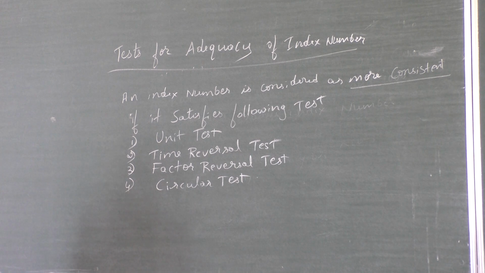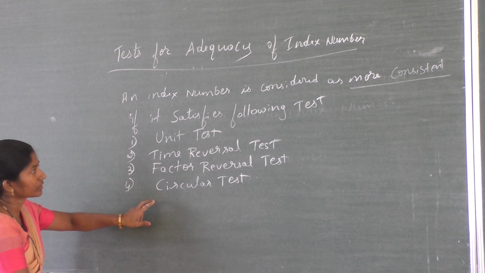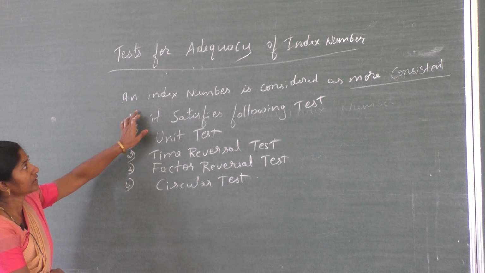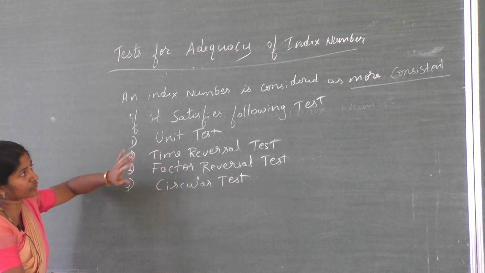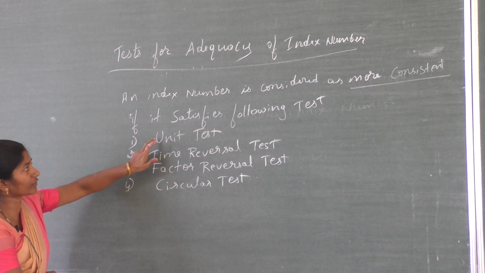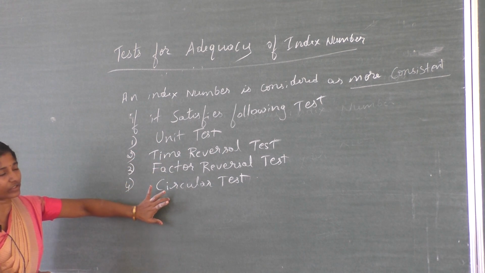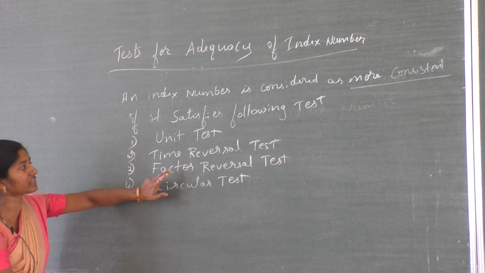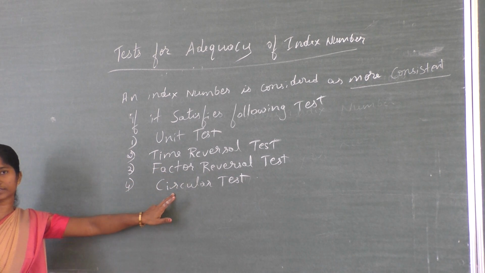So many tests are there, but they have given only 4. So many formulas are there, which one is appropriate to test that? We have to see all these: unit test, time reversal test, factor reversal test, and circular test.